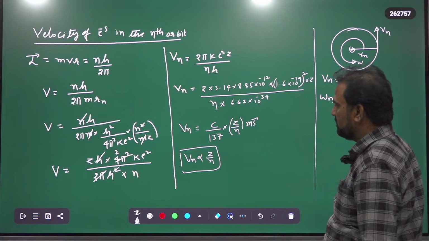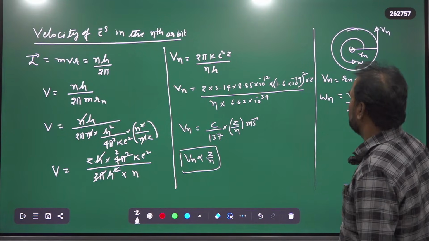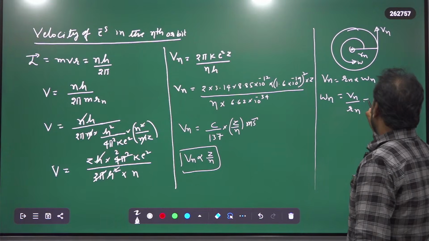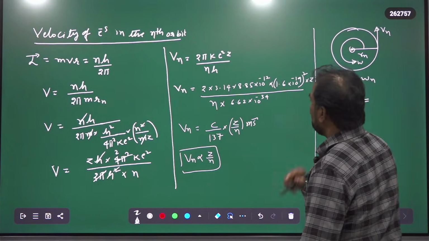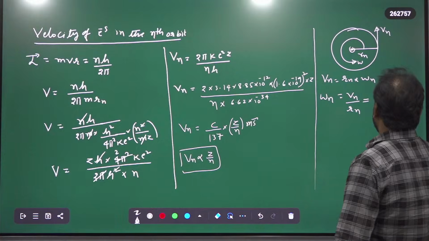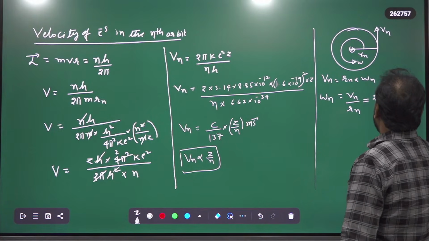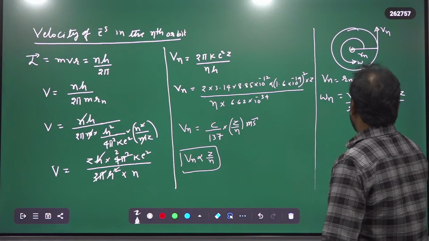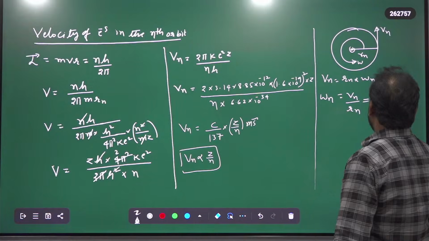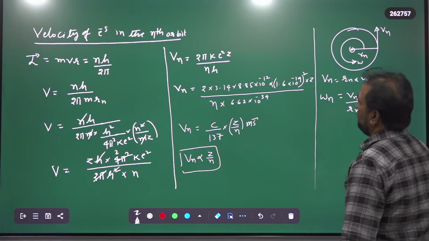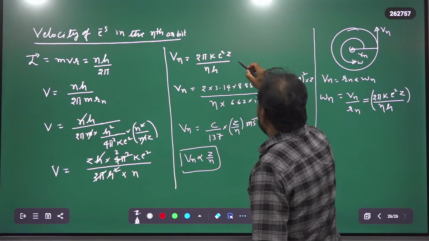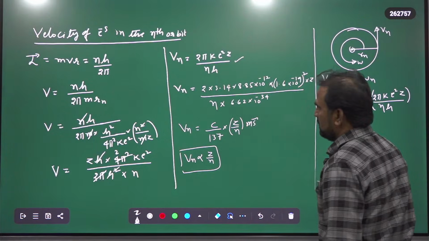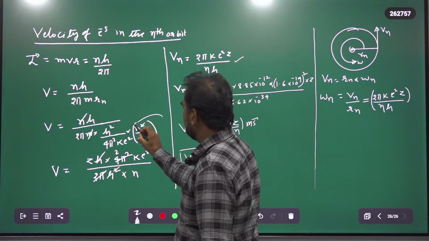The Vn value we have already calculated. Vn is equal to 2 pi k e square z upon nh. This is the value of Vn, and this is the value of Rn.